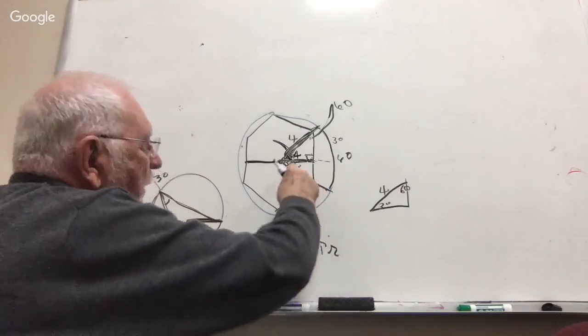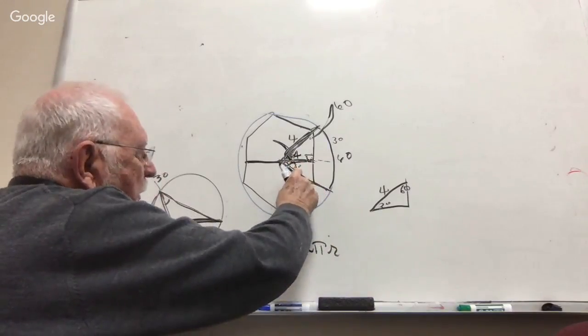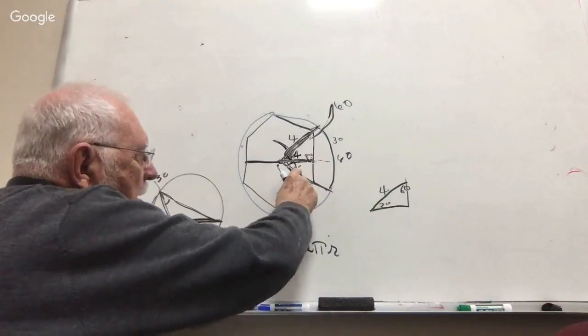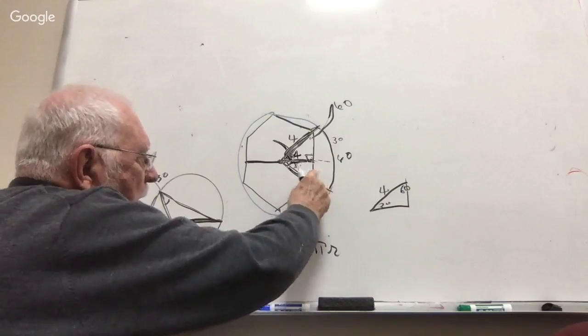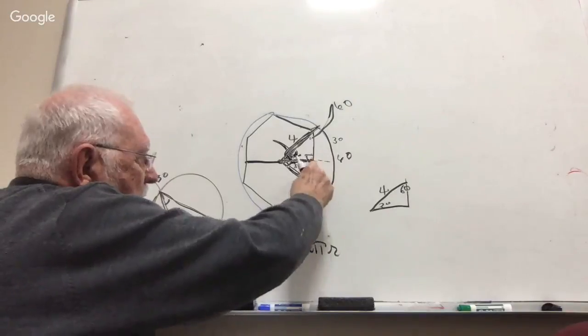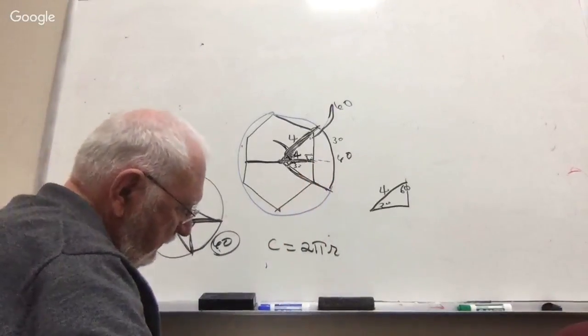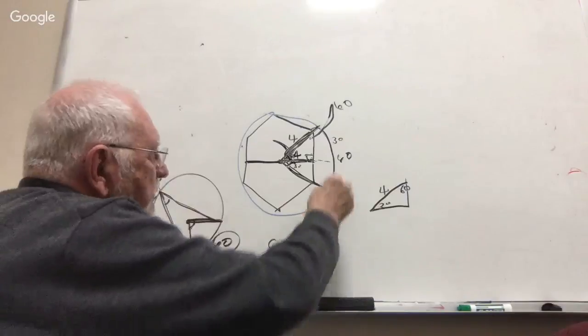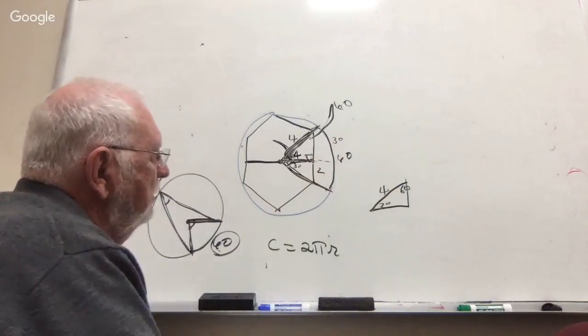If I want to do this, I can take the sine of 30 degrees here, and I can do the opposite over the hypotenuse. So sine of 30 times 4 is 2. So that makes that 2.